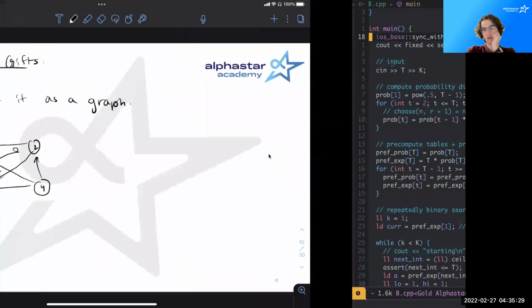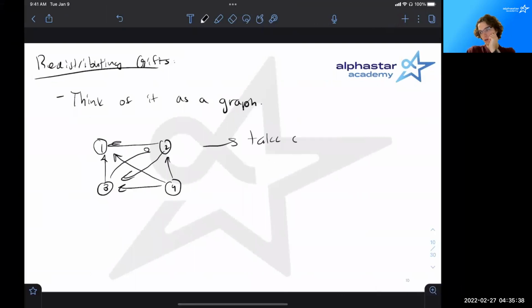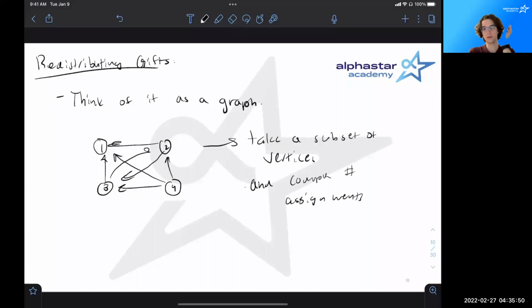So instead, we're splitting up the graph into two chunks, and we're saying you can't exchange between. So you want to take a subset of vertices and compute the number of ways to decompose the graph into cycles, I think.